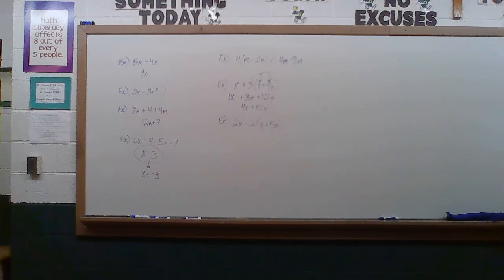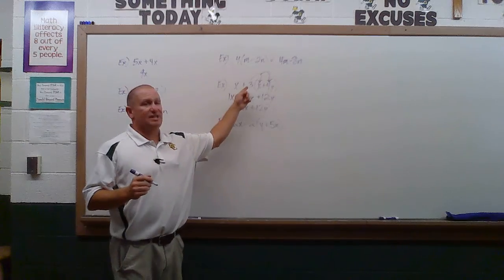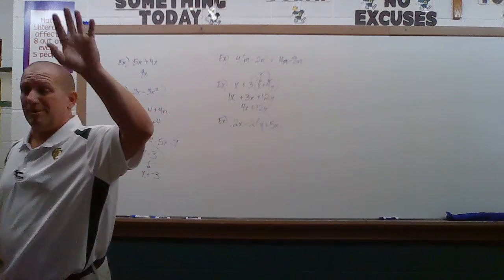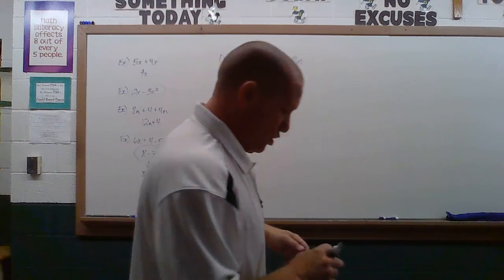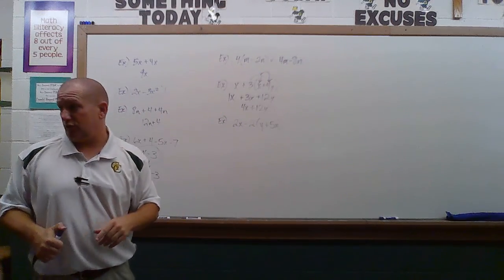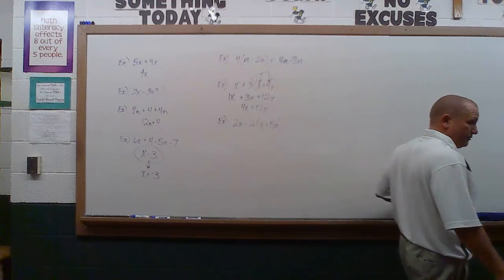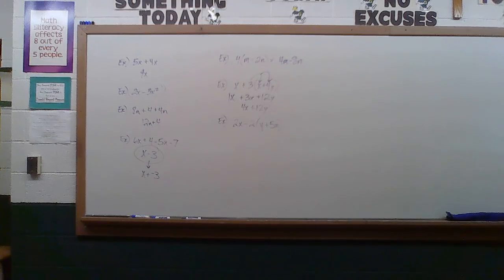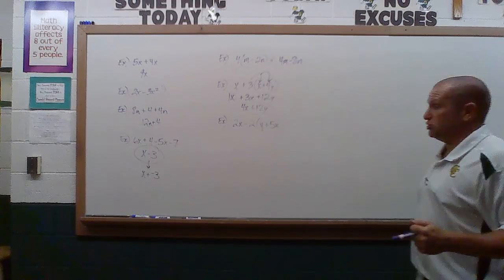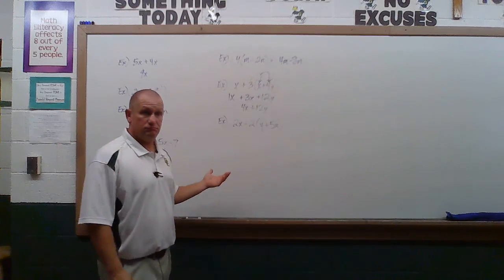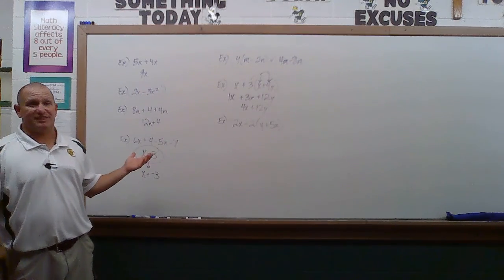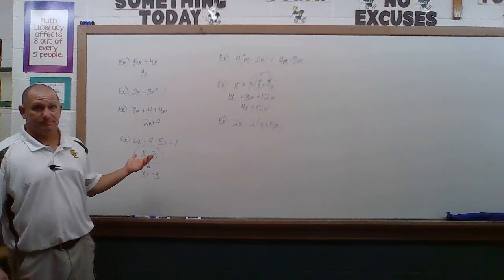So the next one is basically exactly like what we just did, but here's the question. I want everybody to think, don't say anything out loud. If you already did this one, what did you distribute in this problem?